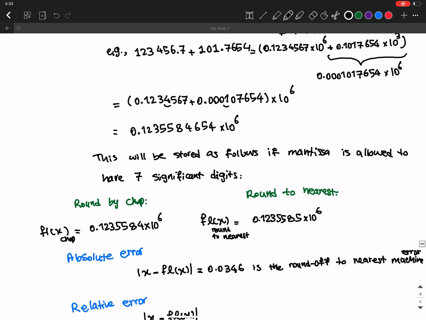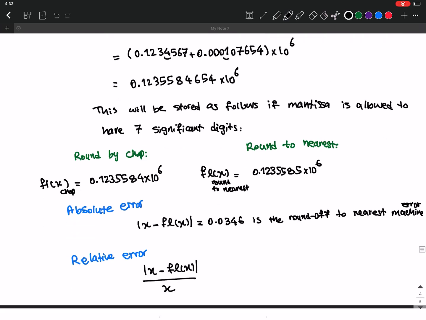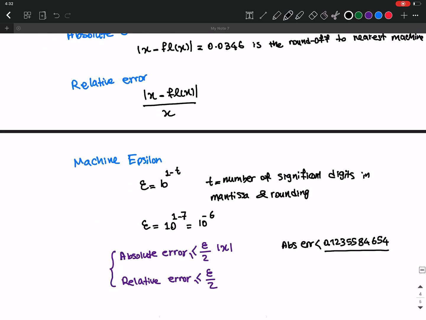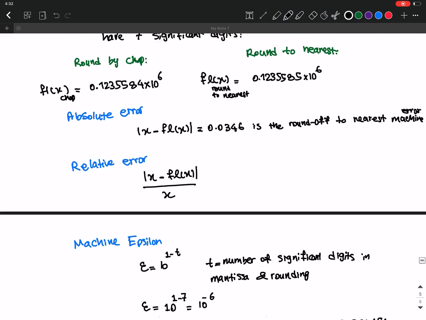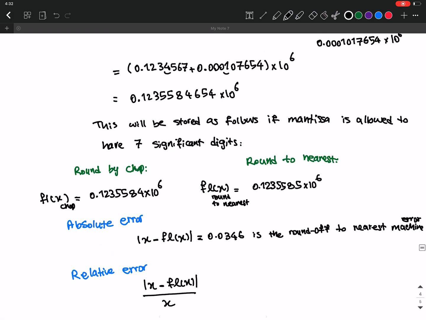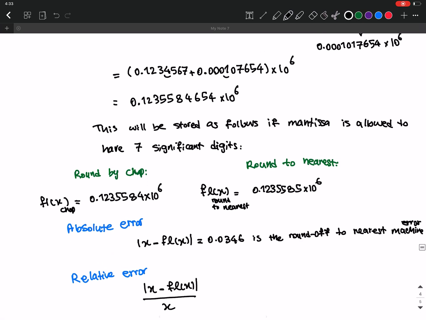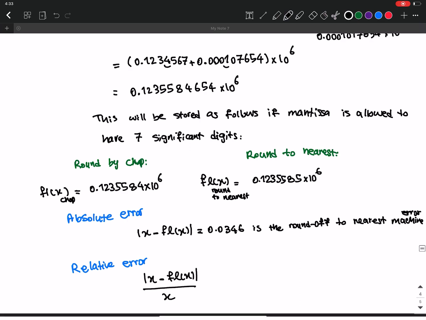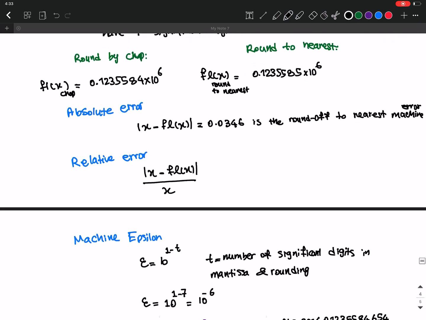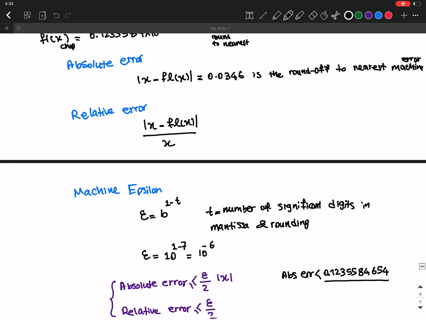And this is going to happen, for example, when you subtract or add something as 0. So if it is 0, you're going to have this much absolute error. So the absolute error should always be smaller than this.